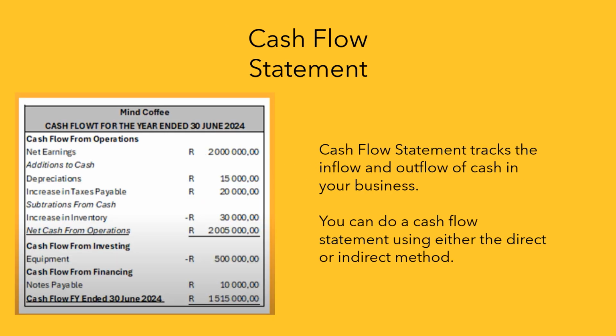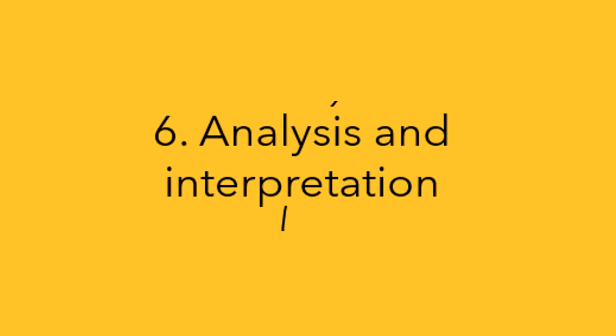Then we also have a cash flow statement. And a cash flow statement tracks the inflow and the outflow of cash in your business. And you can either use the direct or the indirect method, but I'll explain the difference between those two also in a bit more detail. Then we have the analysis and interpretation. The users of the financial statements will interpret and analyze the information that they contain.